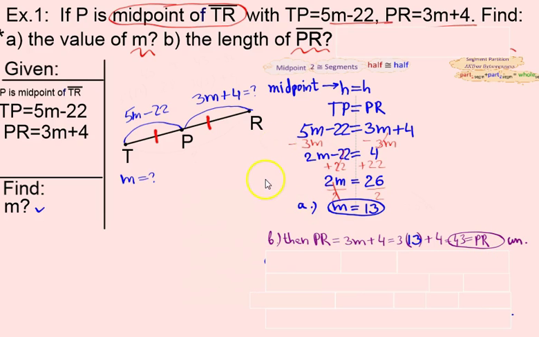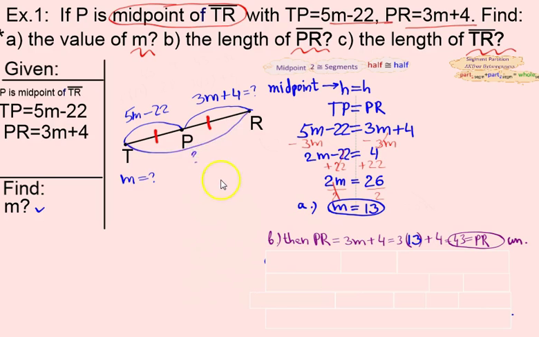Now let's see what else we can do in this situation. Question C, the length of TR. So what would be the length of TR? And first of all, let's make sure we understand where TR is. It is actually the entire segment. So you have some flexibility here in terms of how we can find it.